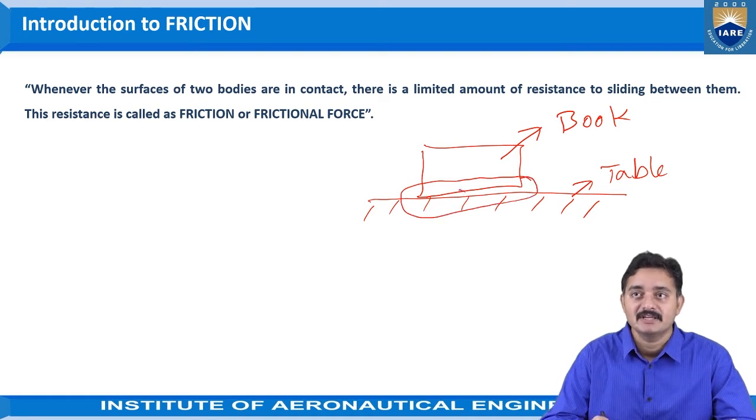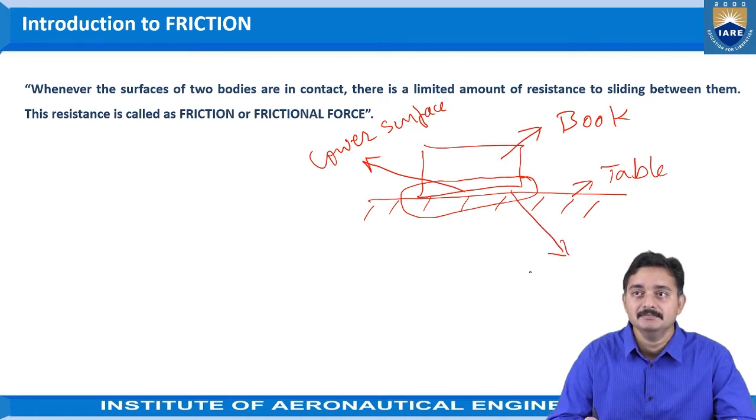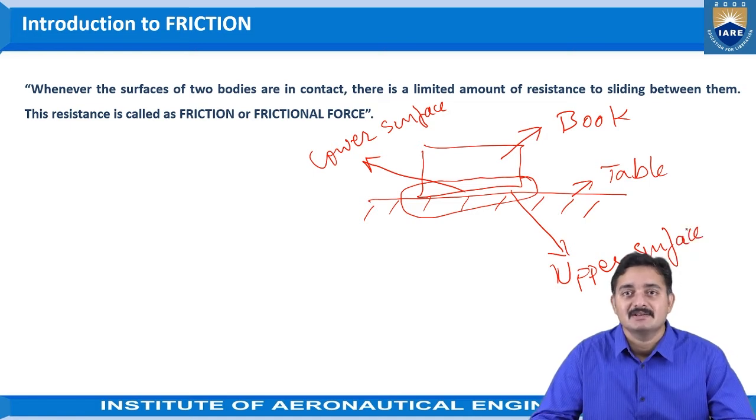The lower surface of the book and the upper surface of the table are in contact with each other. So in this case, what happens?